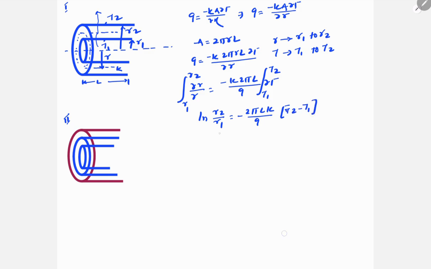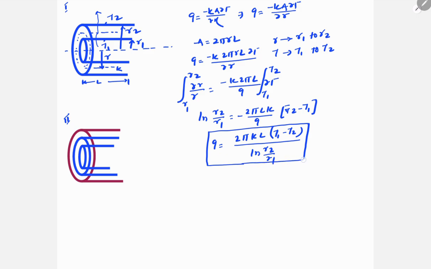Okay, so this is the final equation: Q is equal to 2 pi K L into T1 minus T2 by ln R2 by R1. So this is the equation for heat transfer through a cylinder made of a single material.